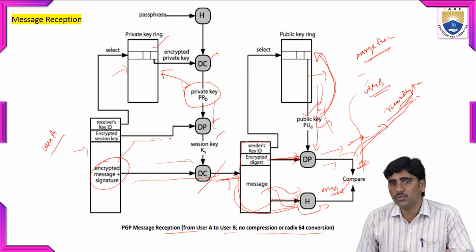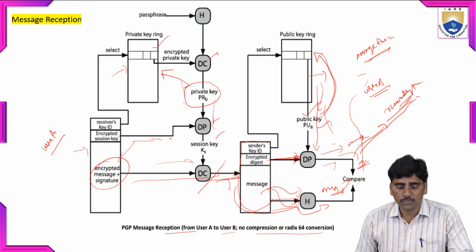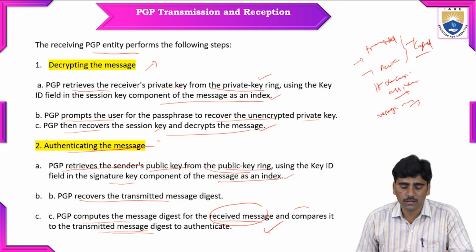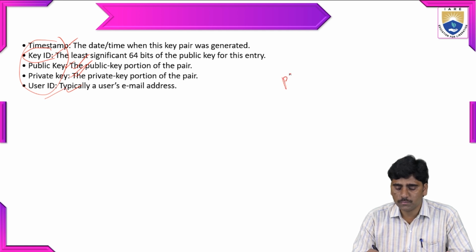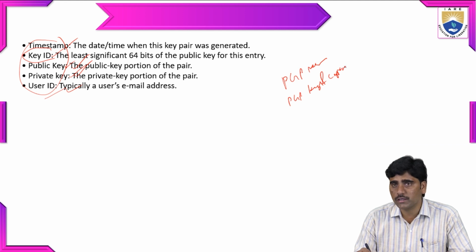To do all these things, PGP messages are maintained with the help of two concepts: PGP keys, the cryptographic keys, and key rings. All these key rings are very important.